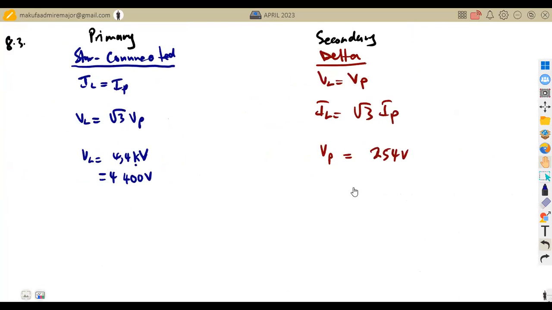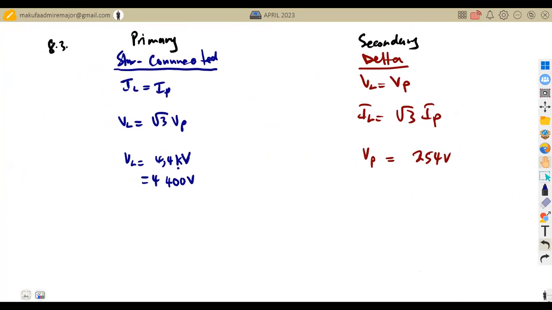Knowing that, if we are to talk about the turns ratio, that is N1 over N2, the number of turns on the primary to the secondary. Here the primary is referred to as 1, secondary as 2.